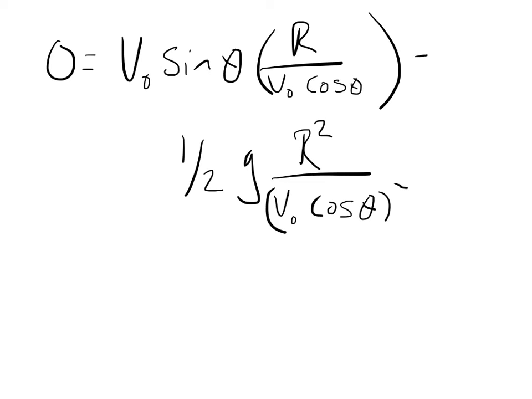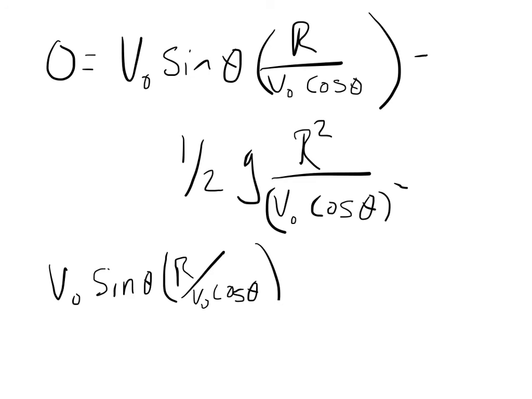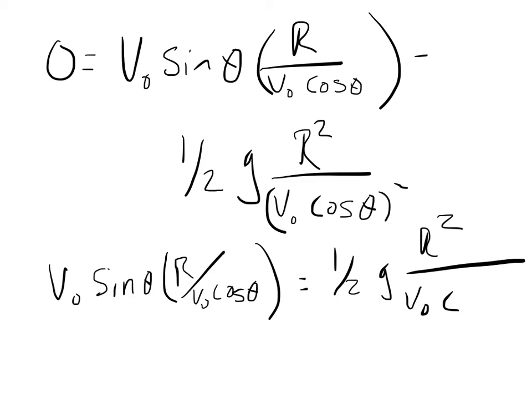So I can get both of these on opposite sides of the equal sign, right? And write this as v naught sine theta r over v naught cosine theta is equal to 1/2 g r squared over v naught cosine theta quantity squared.